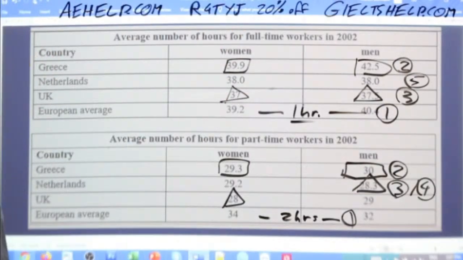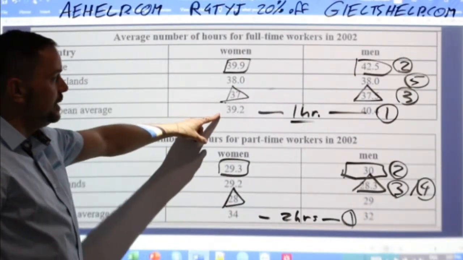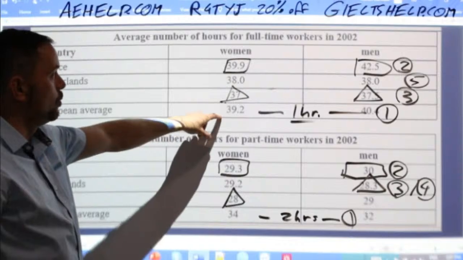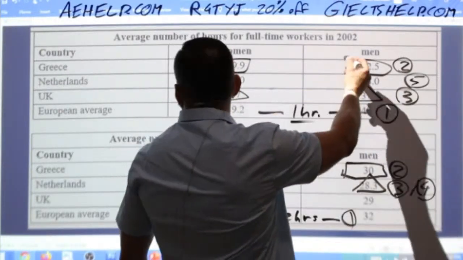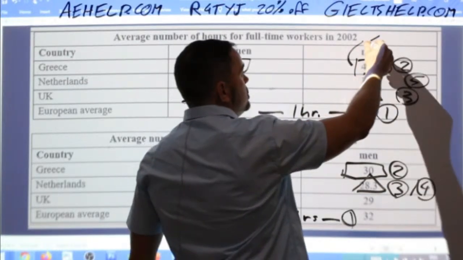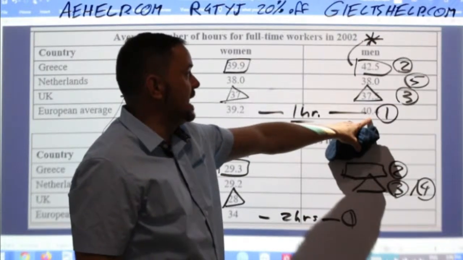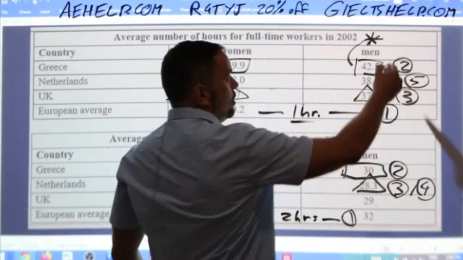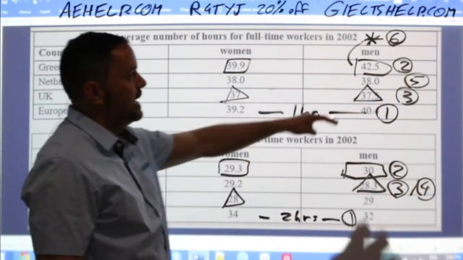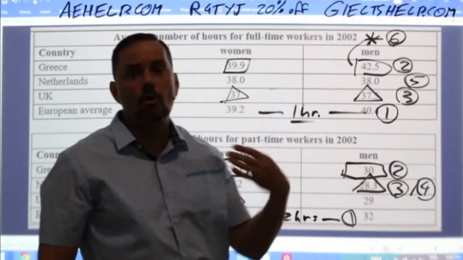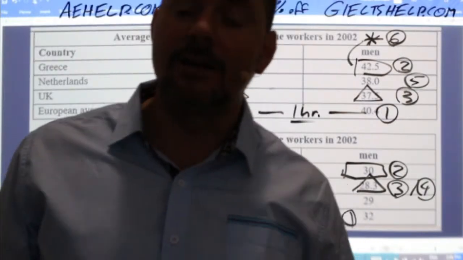So when we compare these 3 countries with the average, they're relatively close for women, and they're relatively close for men, except with Greece, where in Greece you have quite a bit of working hours for men, 2.5 more or 2 more than the average, right? So that could be your point 6. Now, at this stage, students, so once I'm at this level where I'm at my 6th point of analysis, I'm getting into my band 8, band 9 level writing.